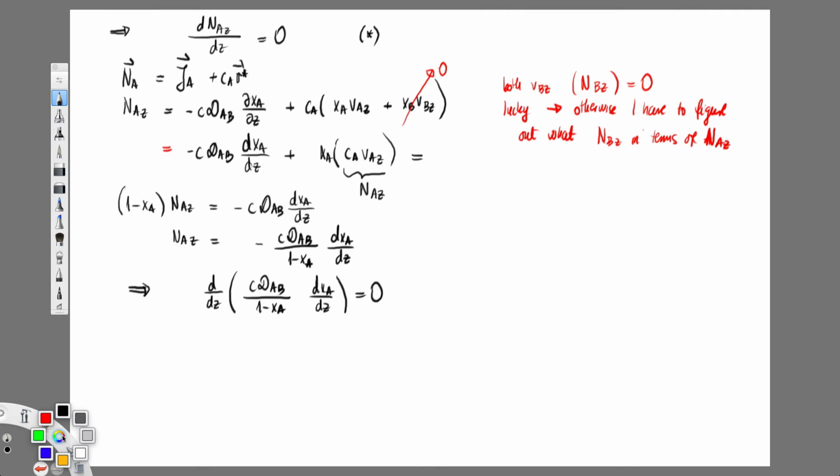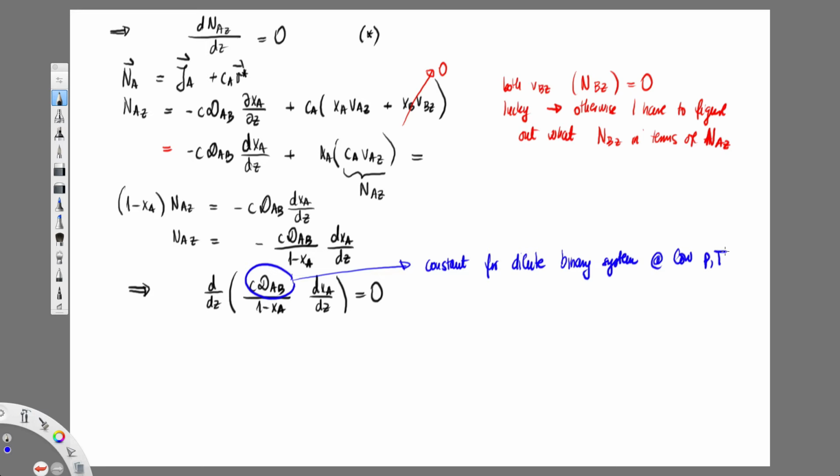So this is constant for a dilute binary system at low pressure and temperature, so I can just divide by it. What I'm really solving for is 1 over 1 minus XA dXA dZ is equal to some constant C1.